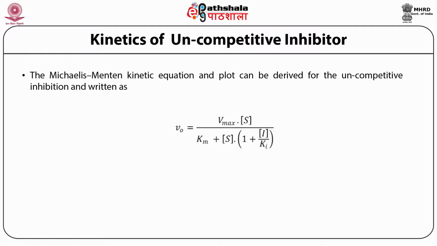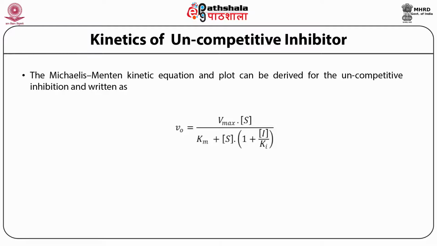Why is it so? Because you know that Vmax decreases here, so we are dividing Vmax into S by 1 plus I upon Ki. But we also know that Km also decreases. So we are dividing Km, which is present in the denominator, by 1 plus I upon Ki.